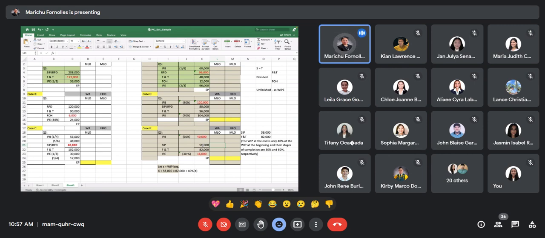Meaning the total sources should always be equal to the total targets. So now you know how to prepare the quantity schedule, isn't it? Are there any questions? No, Miss. Okay, so that's step one.